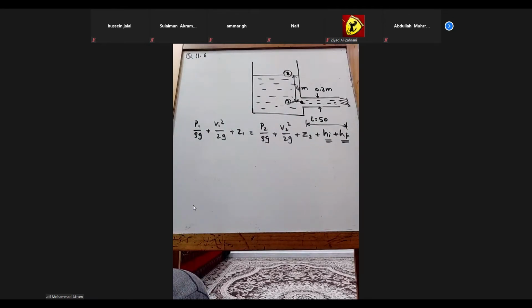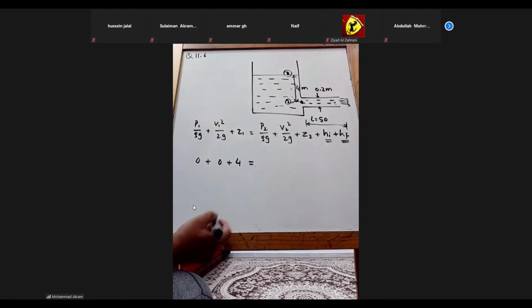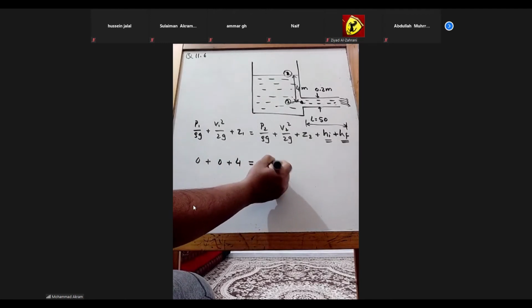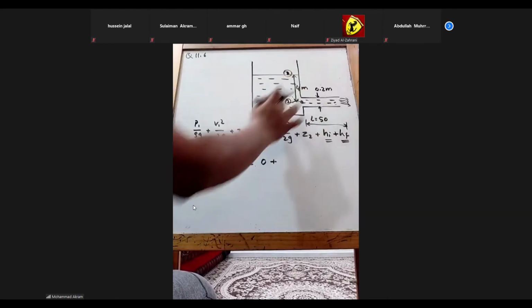Yes. So P1 is 0 plus V1 is also 0 plus Z1 is 4 equal to P2 is 0, or you can say both are atmospheric pressure, because we are already considering the hydraulic pressure.